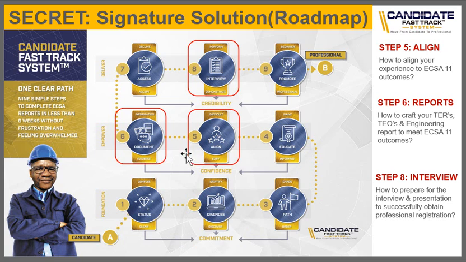So those are the 9 steps that we follow, and we help you to move from candidate position to become a professional by following these steps. But like I say, step number 5, number 6, and number 8 are very, very critical steps in this process. It doesn't mean the other steps are not important, but these are the more critical steps.